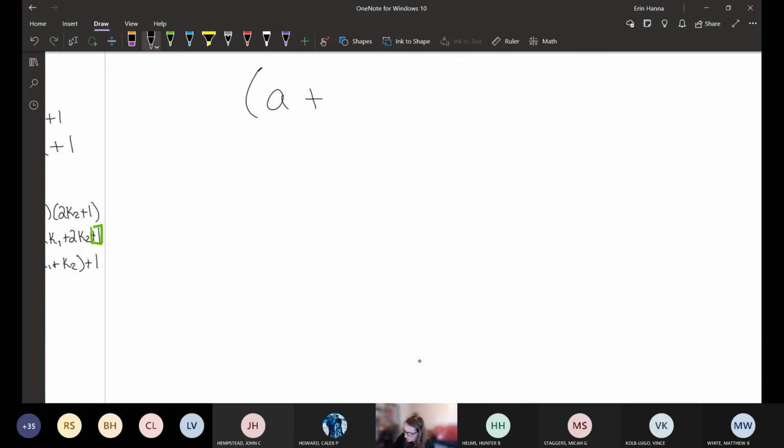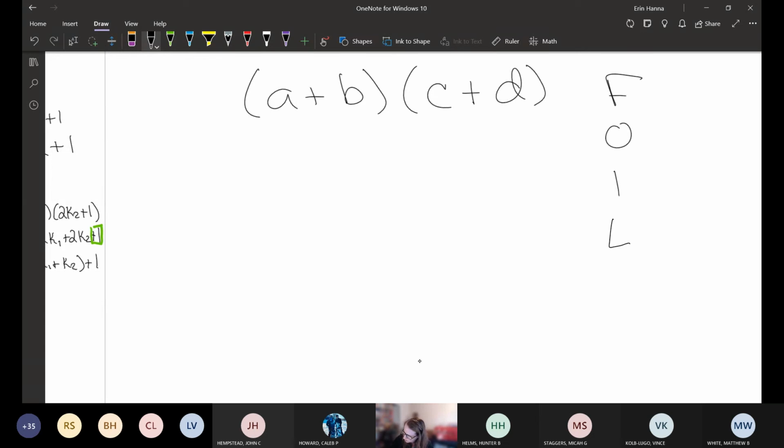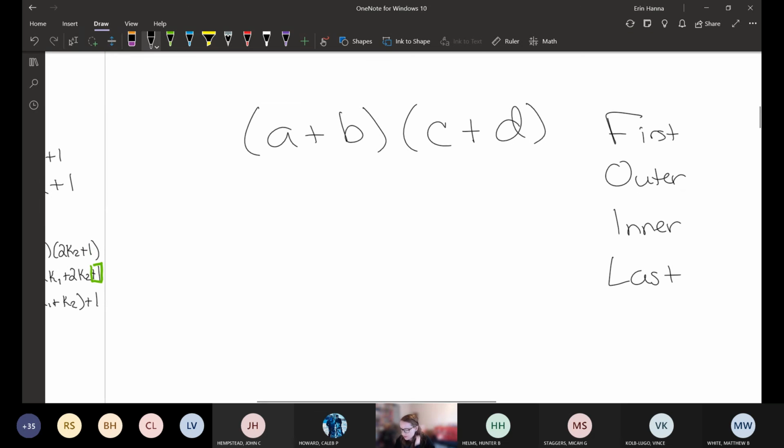Let me do just generic things first. Well, let me go super generic. It's called FOIL because it means first, outer, inner, last, and it's essentially just a distribution technique when you have more than one thing to distribute. There's a couple ways you could do this.